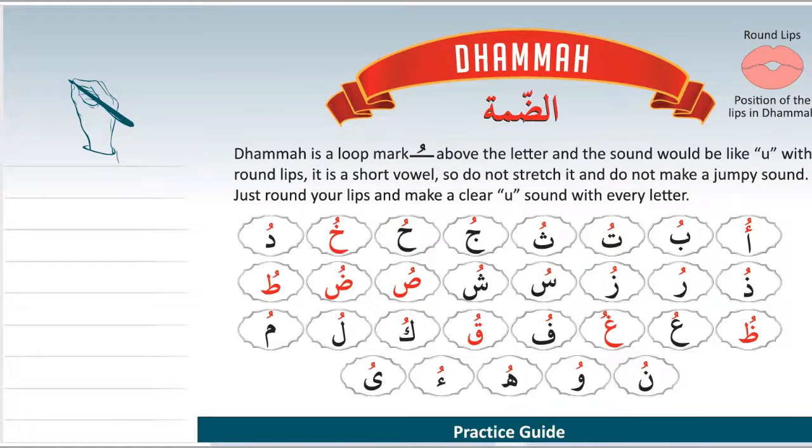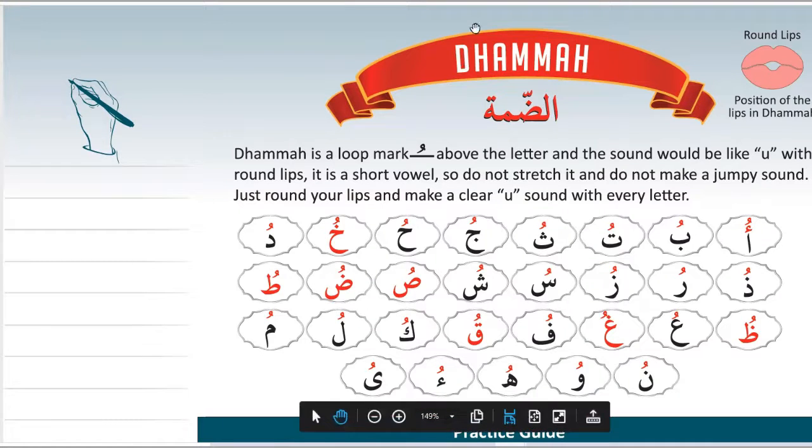Ka sound, like candle. So Kaf, dhamma, Ku. Lam, dhamma, Lu. Mim, dhamma, Mu. Noon, dhamma, Nu.